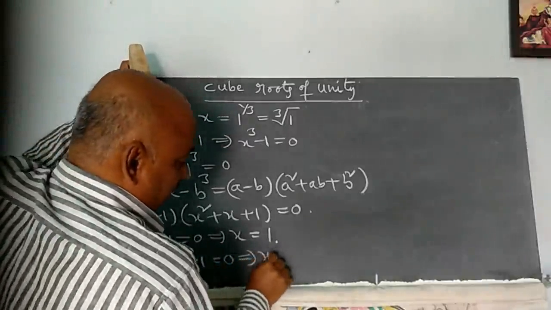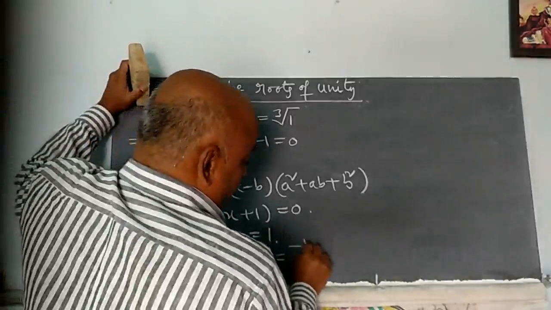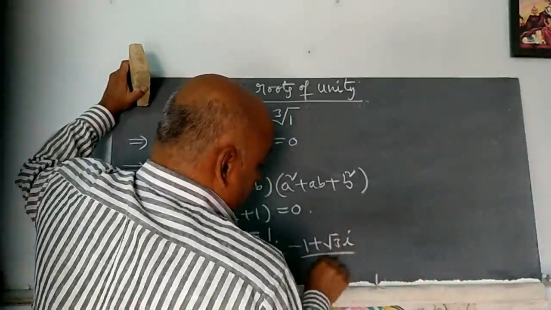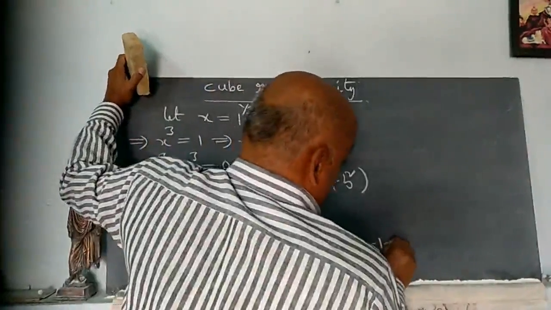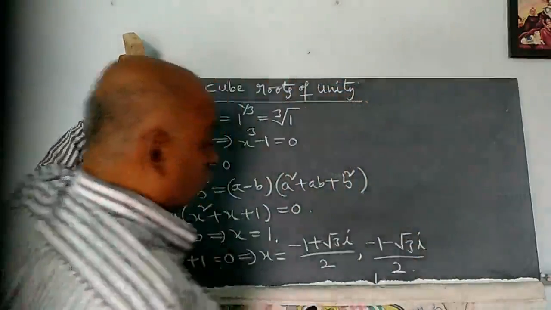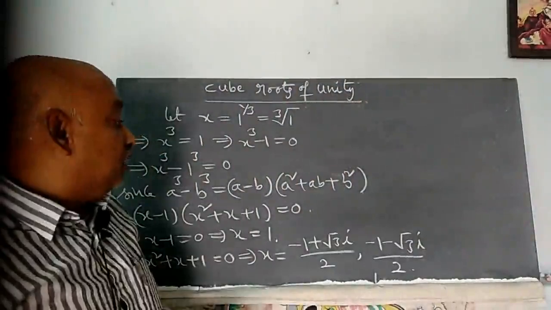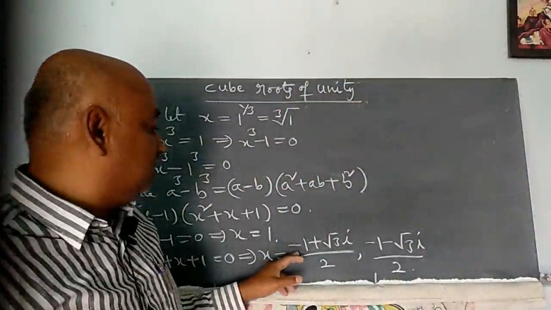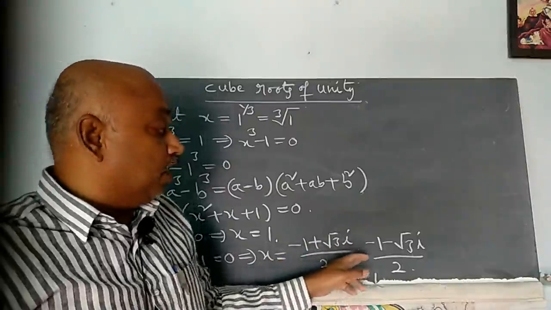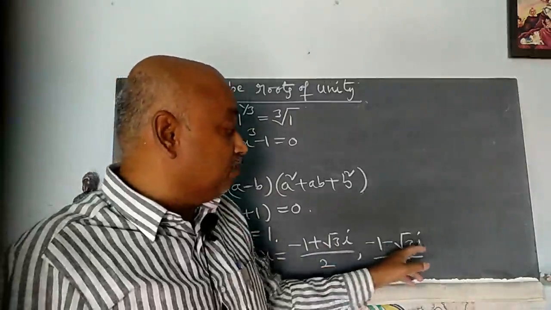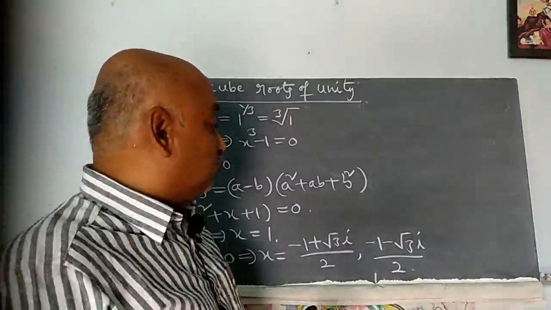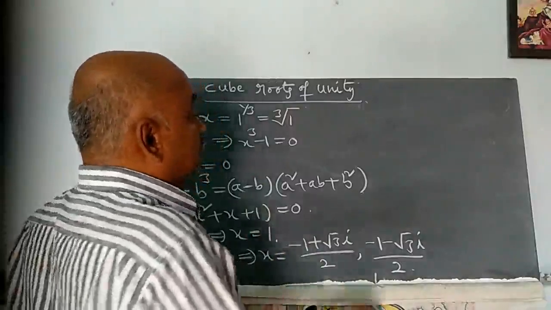This implies x is equal to (minus 1 plus root 3 i) by 2, (minus 1 minus root 3 i) by 2. So altogether the 3 roots are 1, (minus 1 plus root 3 i) by 2, (minus 1 minus root 3 i) by 2. For convenience we give some notations to these roots.